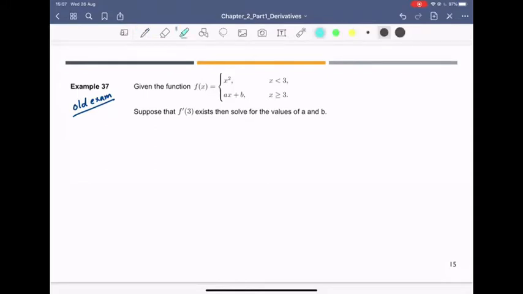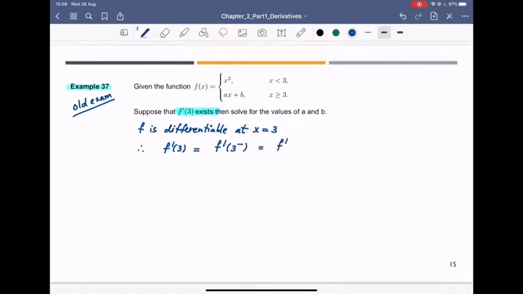So, example 37. Because the question says that f prime 3 exists, that means f is differentiable at x equal to 3. When f is differentiable at x equal to 3, we have f prime 3, and this is also equal to the left-hand derivative at x equal to 3, and also equal to the right-hand derivative at x equal to 3.